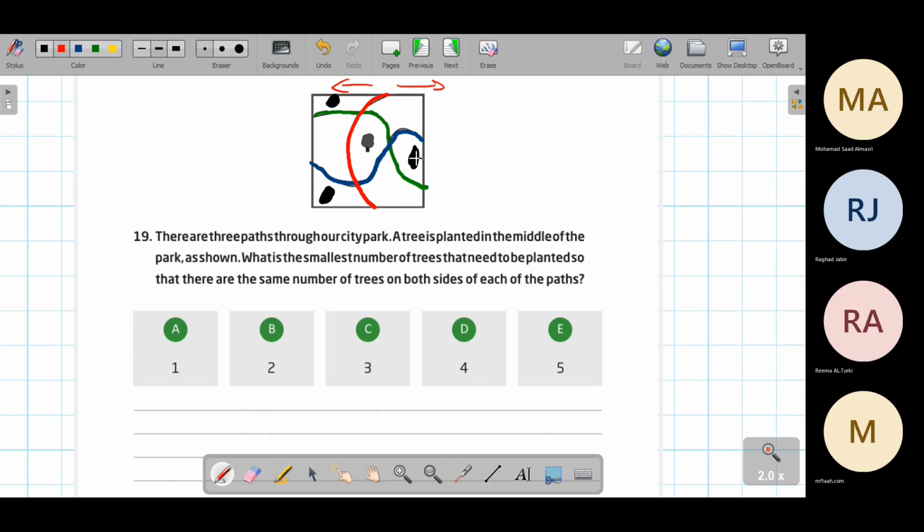And for the green one, 2 above and 2 below. And for the blue one, 2 above and also 2 below. So for all 3 lines, I have the same number of trees on both sides.